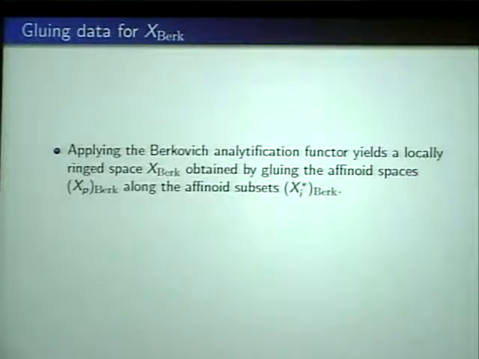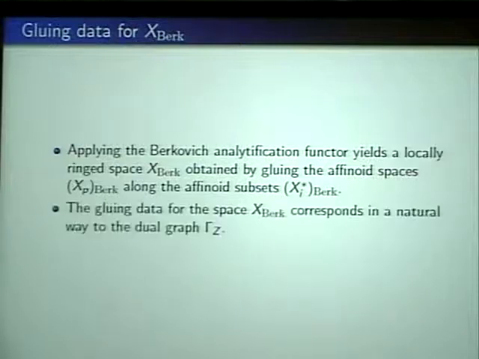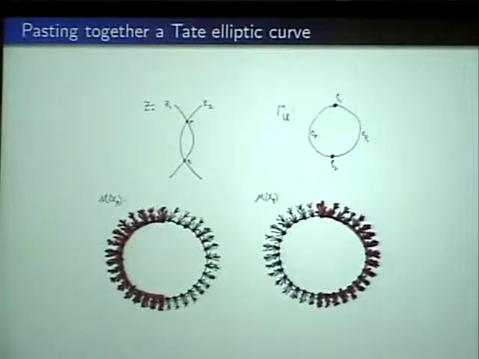But in particular, we get something which is a locally ringed space, which we obtain by gluing certain affinoid Berkovich spaces along affinoid subsets. And somehow what I'm trying to point out here is that the gluing data corresponds in a natural way to the dual graph. So the dual graph is telling you how to glue these things together. And here's a picture.